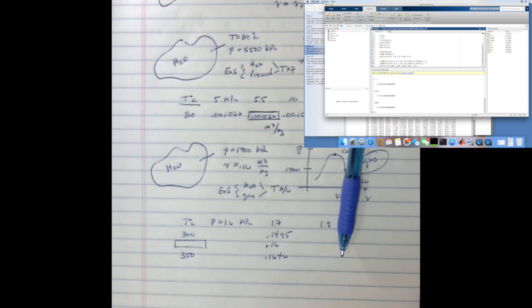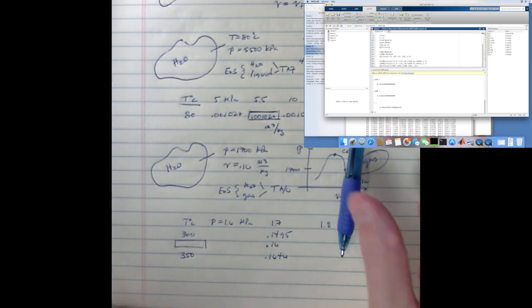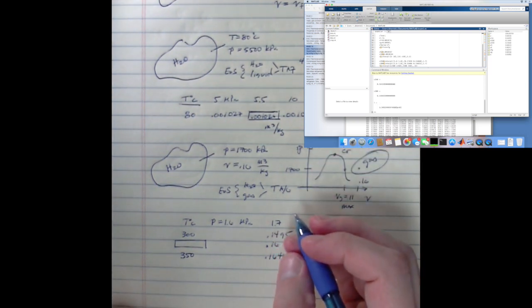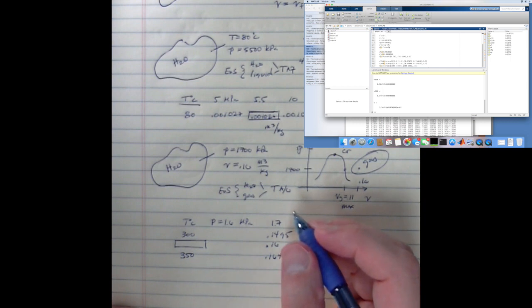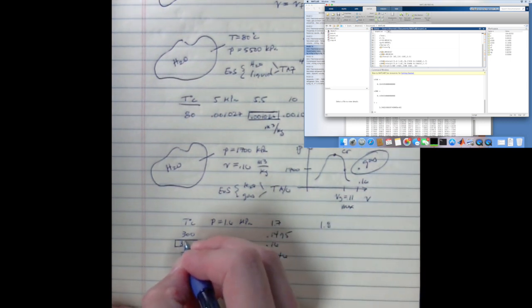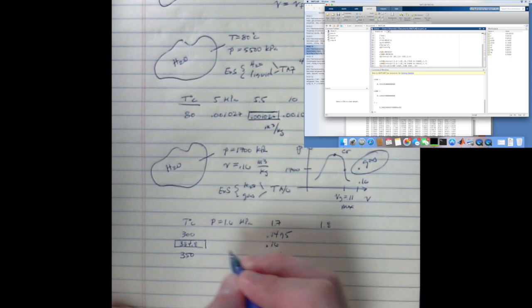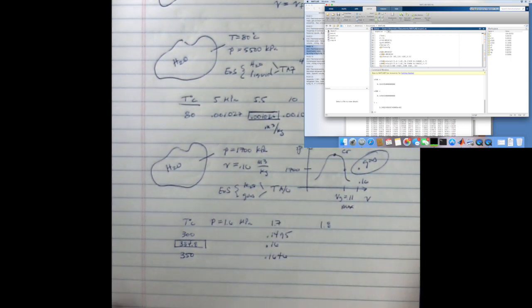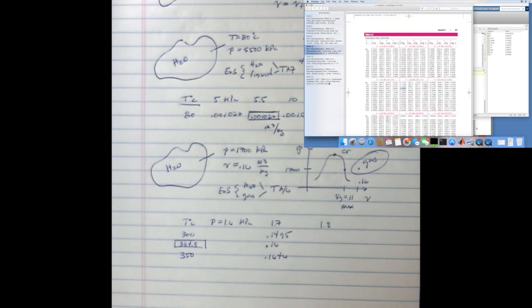Running this, we get 334.8 degrees centigrade. And we're done with this problem.